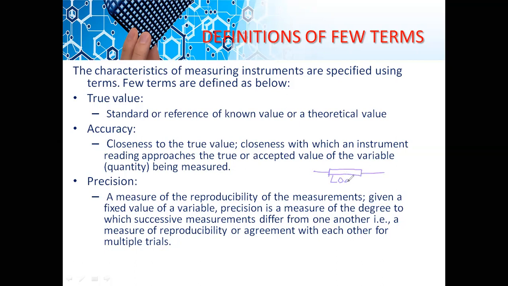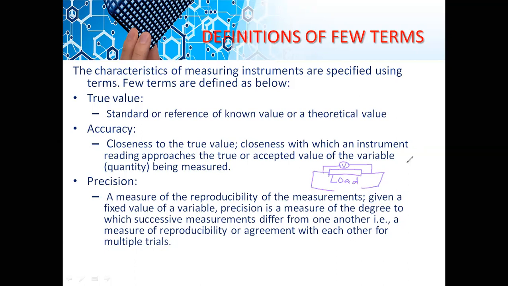So here we have a load. The load is connected to a huge circuit here. I want to measure voltage across this load. For that, I'll be using a voltmeter. Now, I know the voltage across the load already.